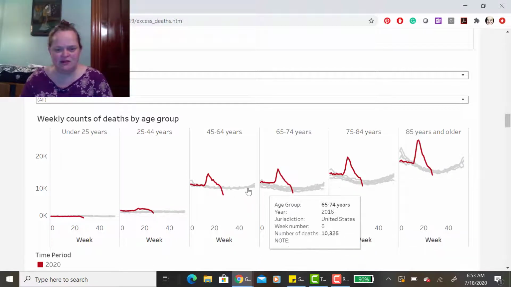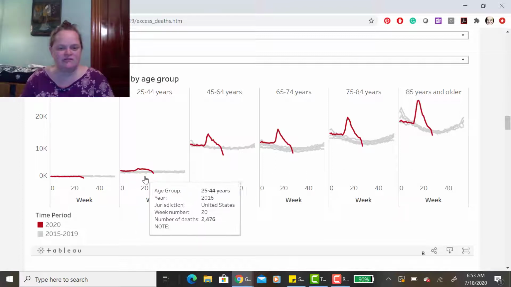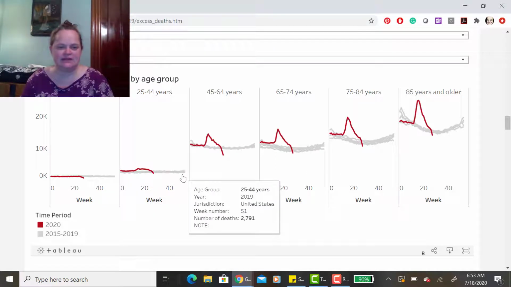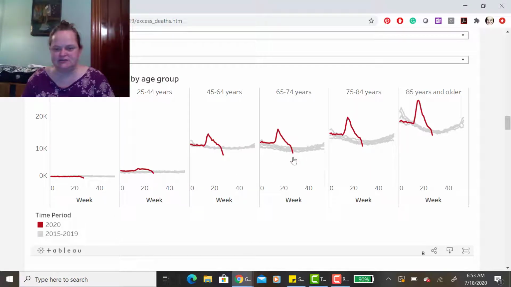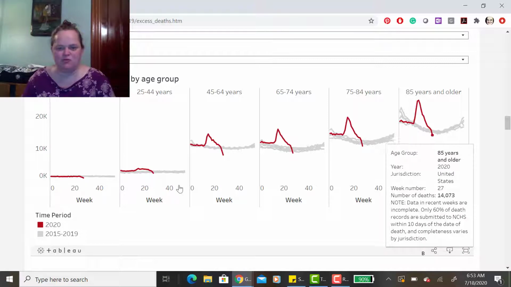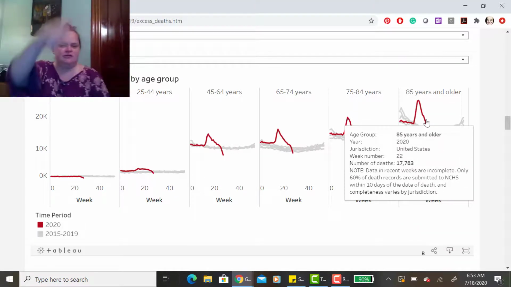Each line is from 2015 to 2019, so you get an idea of what the level of deaths normally looks like for each age group. And again, this little falling off at the end of each of these curves, it's not real. Some of this is based on the reporting. I wouldn't be surprised if it levels off.